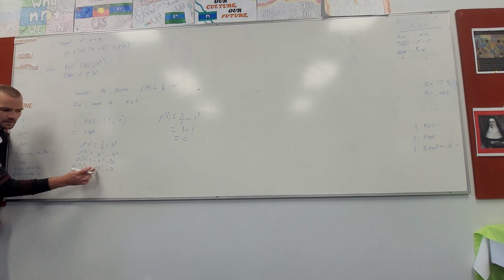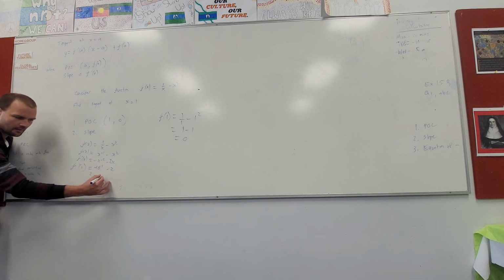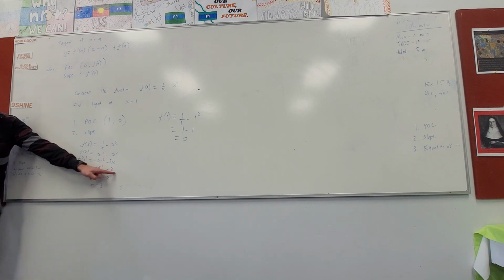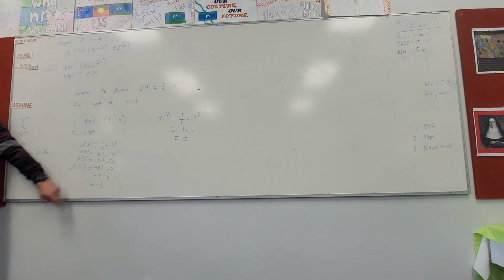The negative is outside the bracket, so 1 squared is positive 1, but then you've got that negative. And then we have take away 2, we have minus 3. So a little bit involved there in getting the slope. You can type that into your calculator. The slope is minus 3.